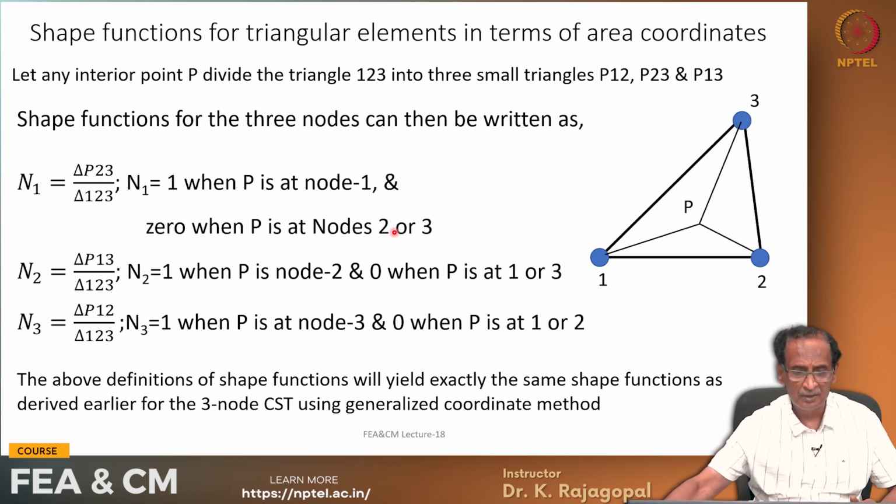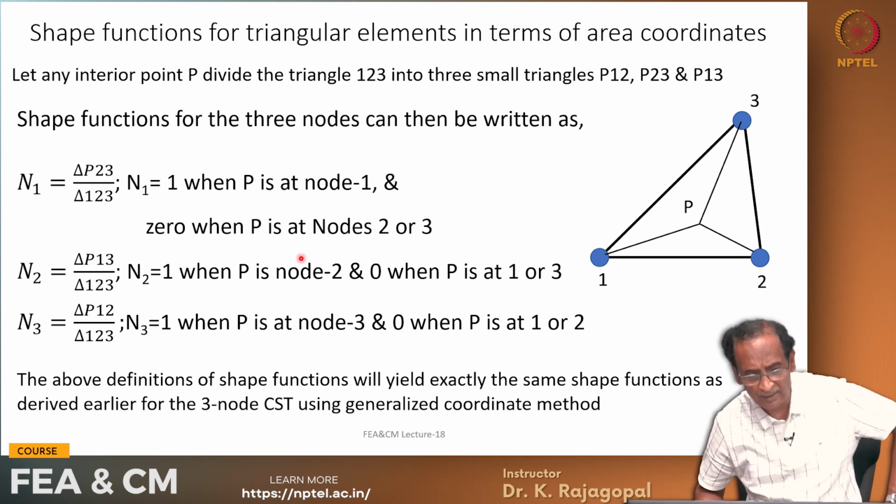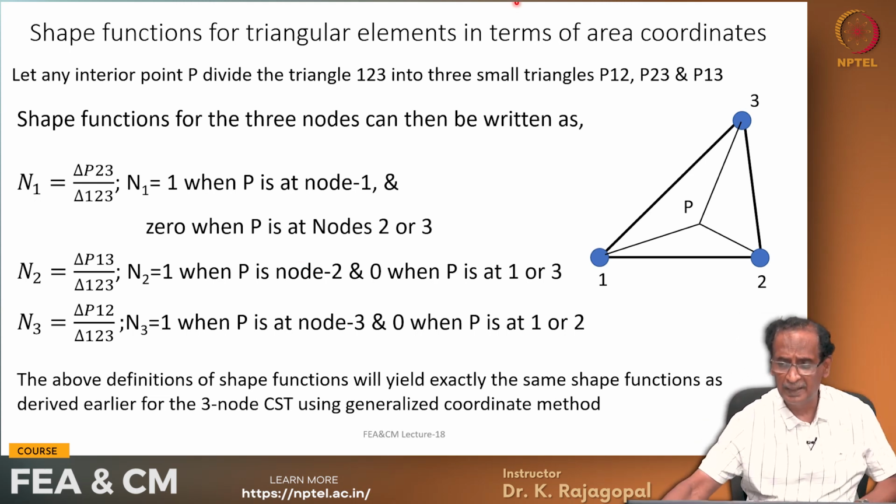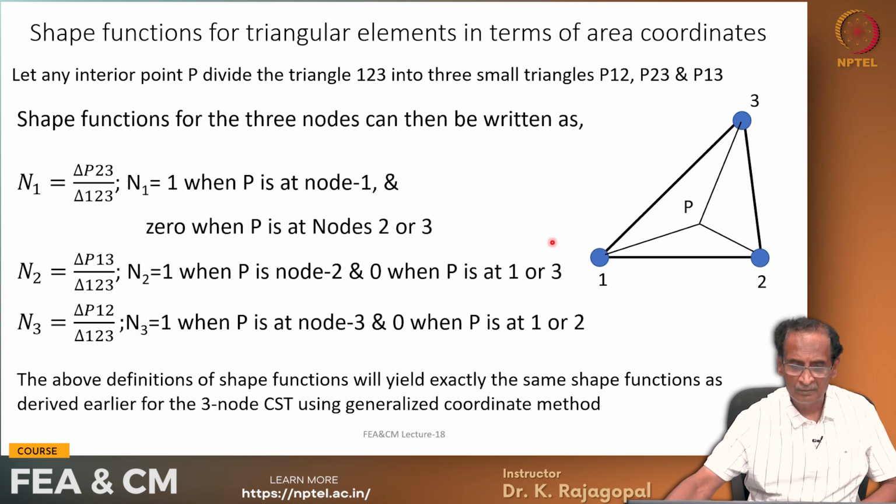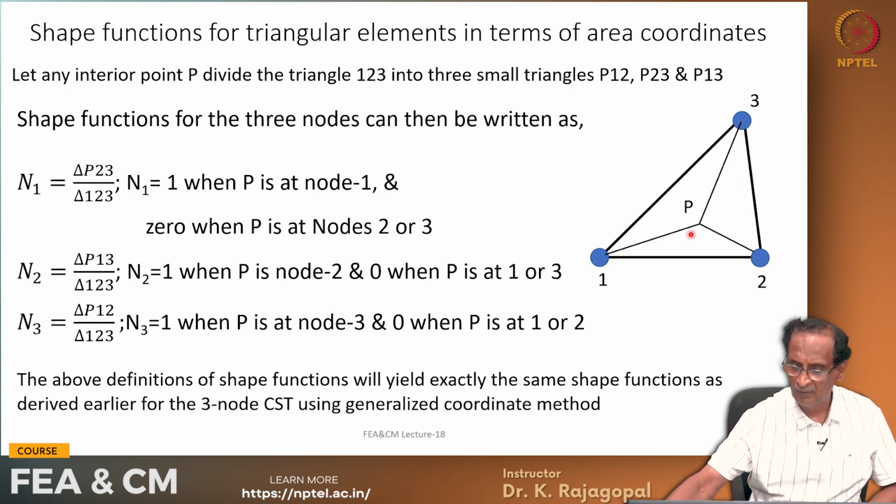Okay. There is another method for getting the shape functions, in terms of the area coordinates. Here we can define any node P and then get the area of any of these smaller triangles like P23, P13, P12 and so on, and N1 can be written as the area of P23 divided by the total area.